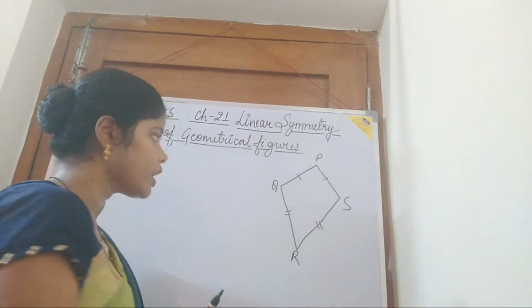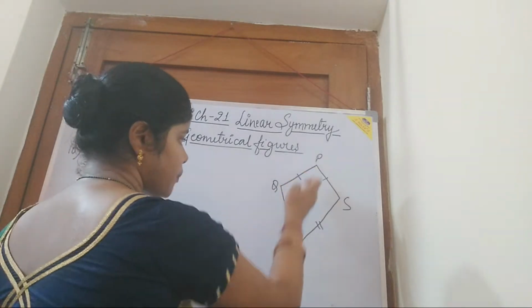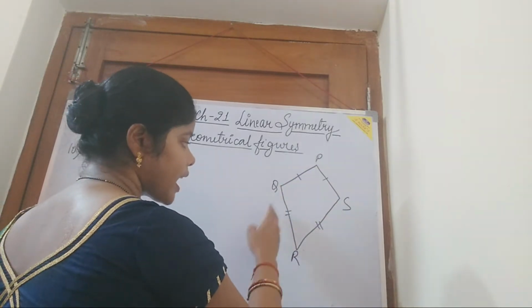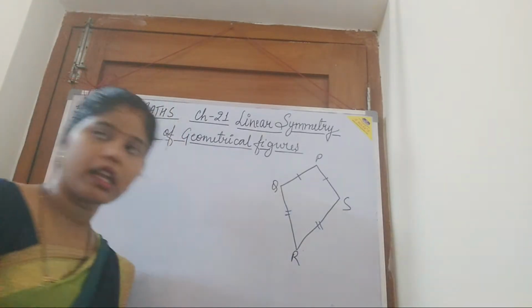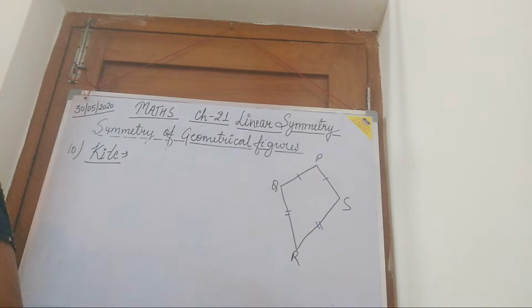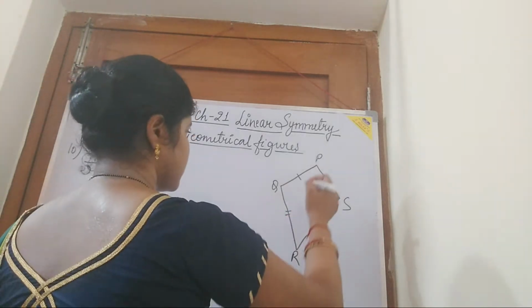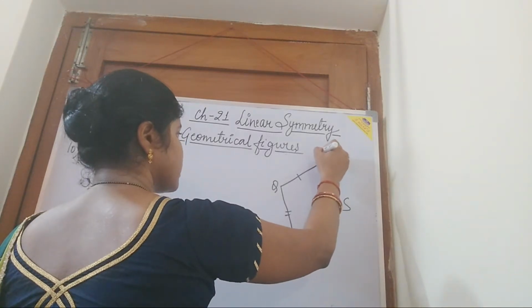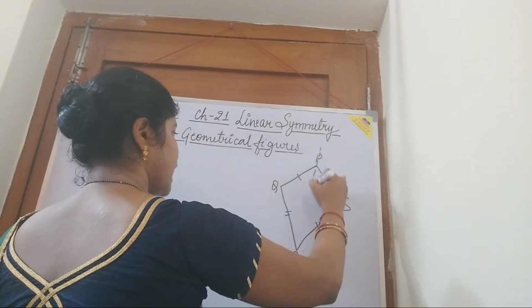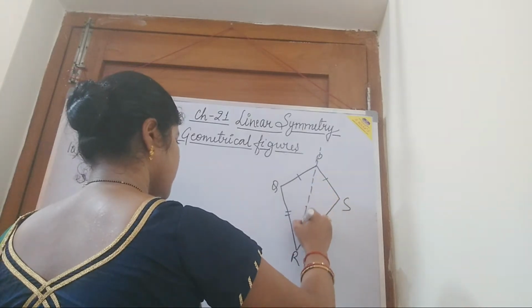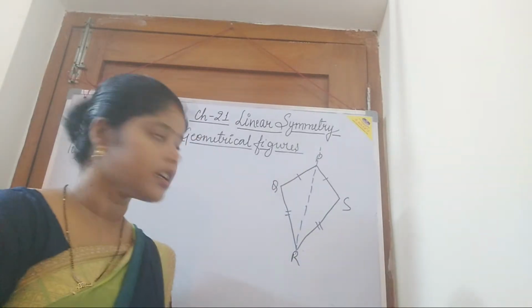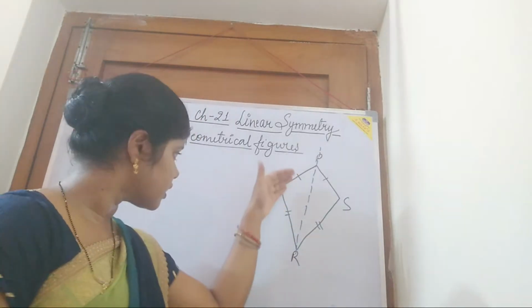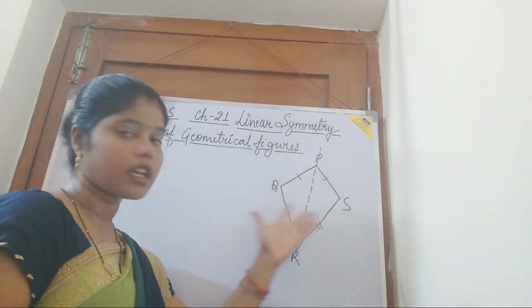So here we have adjacent sides equal in length. To draw its line of symmetry, it passes through one of its diagonals, that is the vertical line of symmetry. When we draw the horizontal diagonal, this line does not divide the figure into two identical parts.